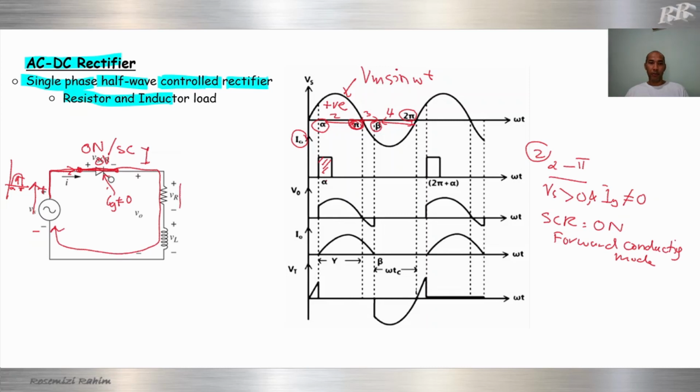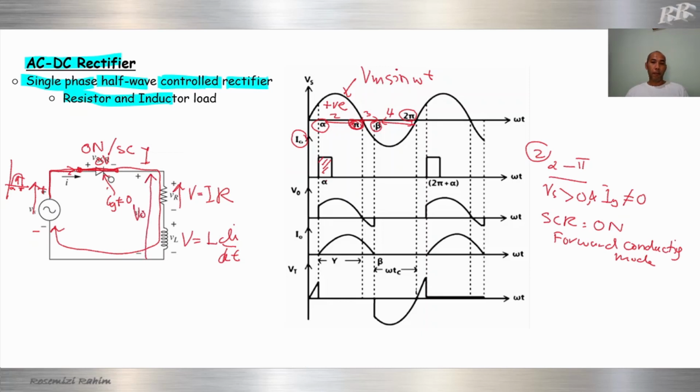We know that this voltage is equal to IR. This voltage will be equal to L di over dt. So now we have output, a combination of both.